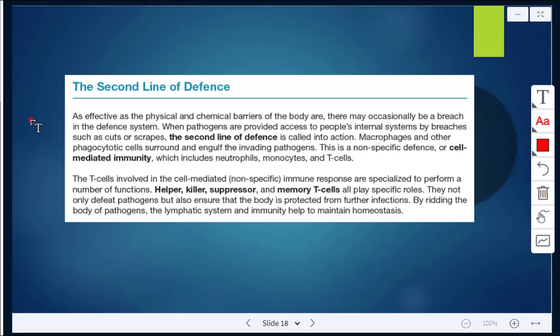It's the cell-mediated immunity, so it includes the neutrophils, the monocytes, and T cells. T cells involved in the cell-mediated immune response are specialized to perform a number of functions: the helper T cells, the killer T cells, the suppressor T cells, and the memory T cells. They all have those specific roles.